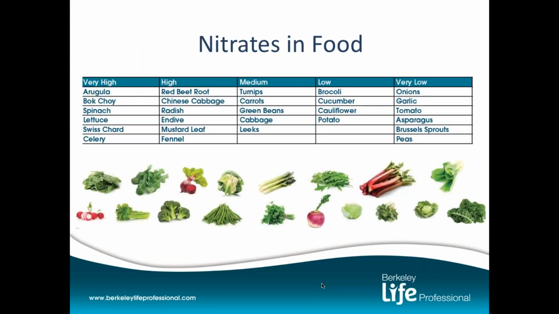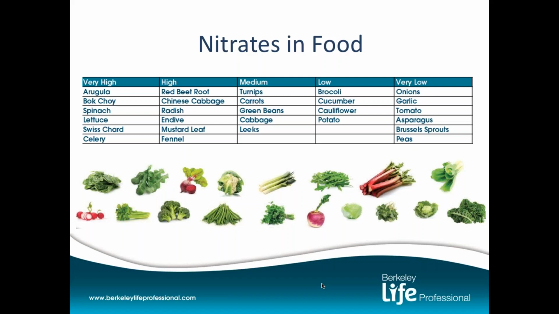So the nitrate-rich foods, very high: arugula, bok choy, spinach, butter lettuce, celery, beetroots. But the issue is that the same vegetable grown in different regions in the United States will have varying concentrations of nitrates in them.